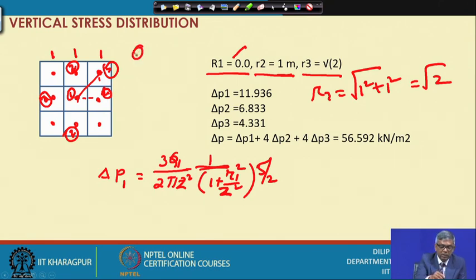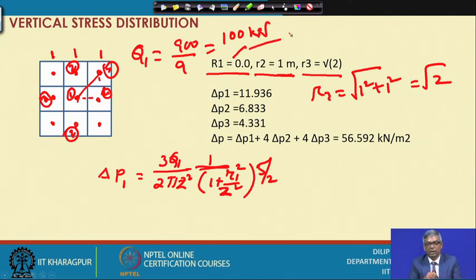Since I have divided into 9 parts, it will be 900 divided by 9, so 100 kilonewton each. So, I will apply 3 into 100 divided by 2 pi into z square, then I will get delta P1. So, this is the value, 11.936, and that is the one.